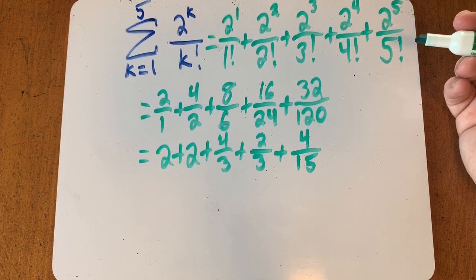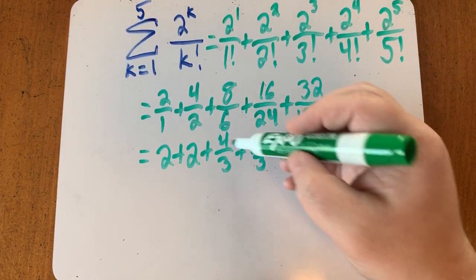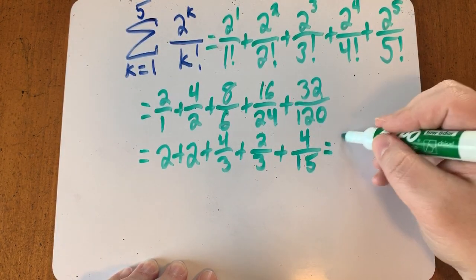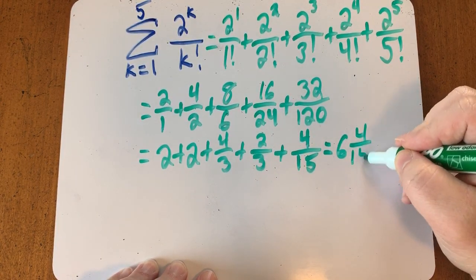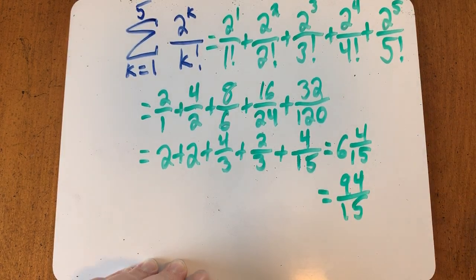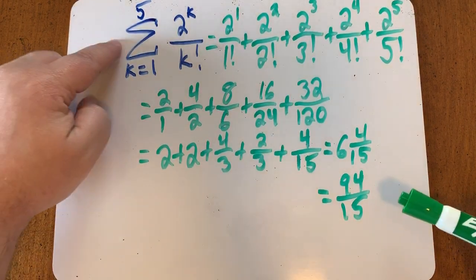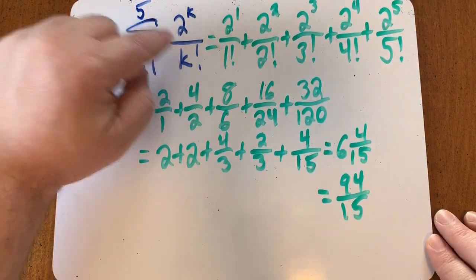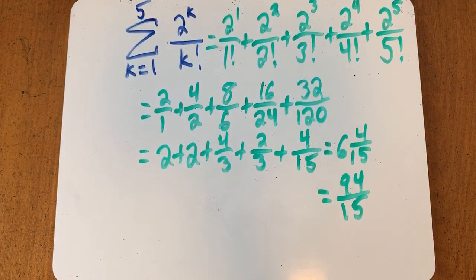All right. So 2/3 and 4/3 is 6/3, which is 2, so it's 6 and 4/15. It's 94/15. All right, there we go. So that's the sum of this. That's how you would evaluate this sum. This tells us to evaluate the sum of the first 5 terms of that sequence.